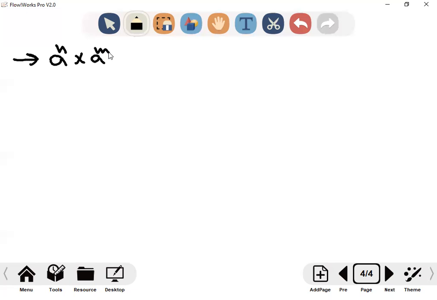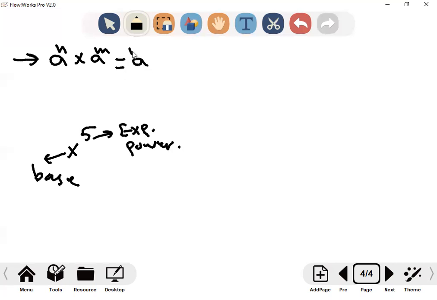B-A-S-E. And if you have an exponent like x to the power 5, we call x the base with 5 as exponent or power, right? So if you have similar bases and you multiply, we add the exponents. For example, x power 5 multiply x power 3 is x power 8.